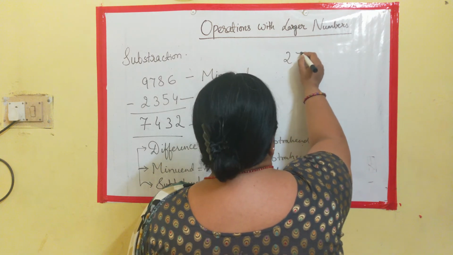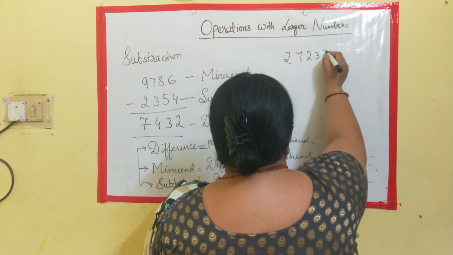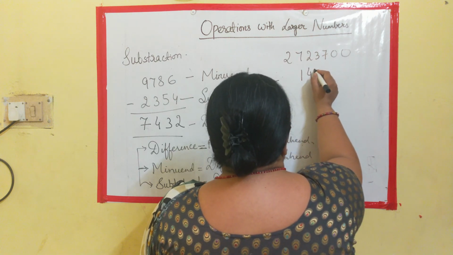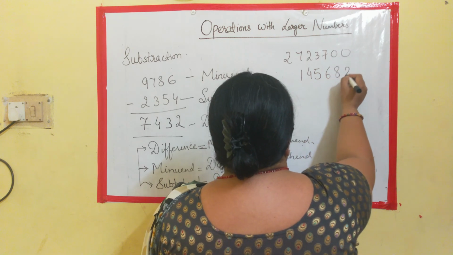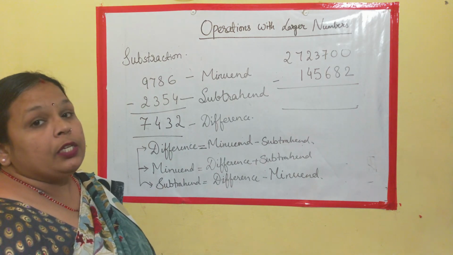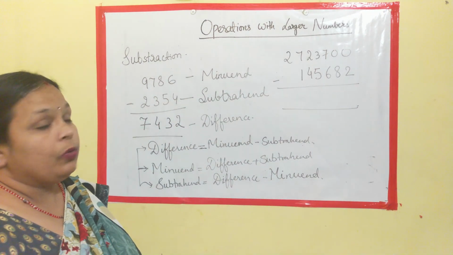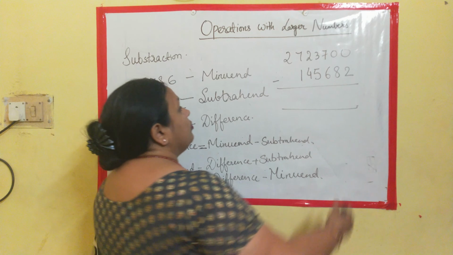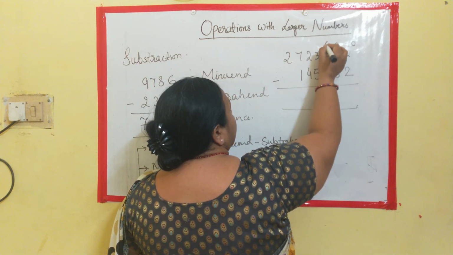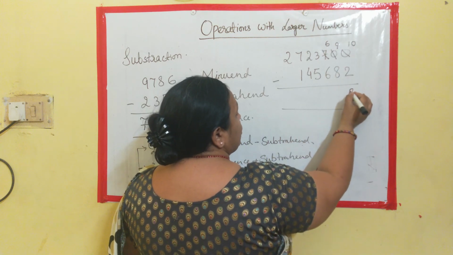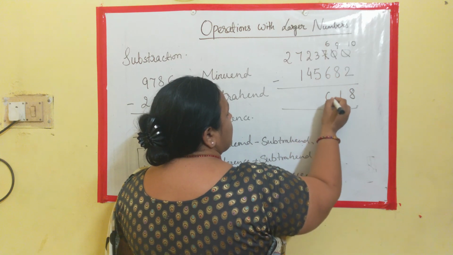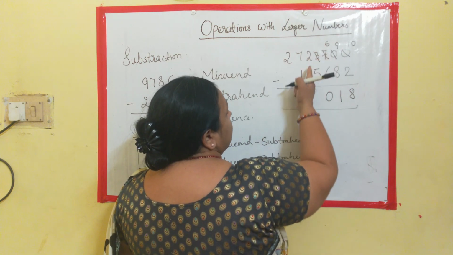Example will be... Now see, in this example, what we are going to do is we are going to subtract. Clear? Now, this is 10, this is 9, here it becomes 6, and 10 minus 2 is 8, 9 minus 8 is 1, 6 minus 6 is 0, again here it is 3.